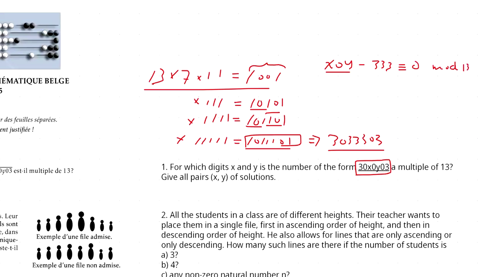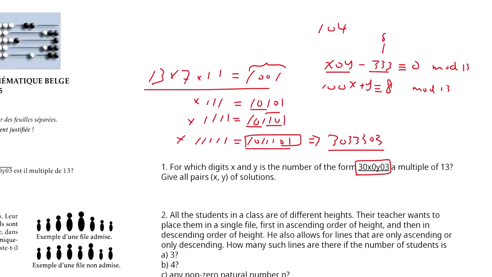So we replace x0y with a calculation like 100 times x plus y. And we know 333 divided by 13 has a remainder of 8. So then it's congruent to 8 modulo 13. Further on, we know that 104 is also a multiple of 13.